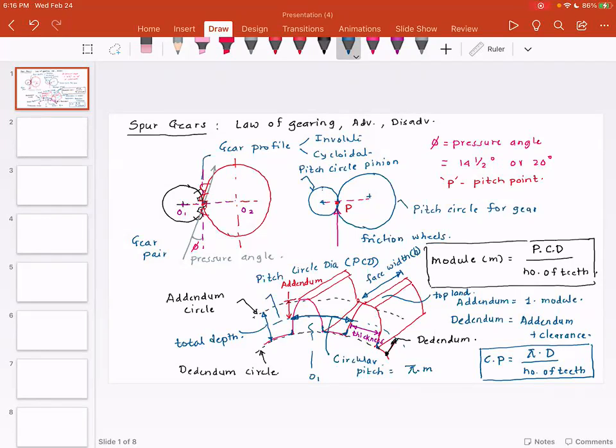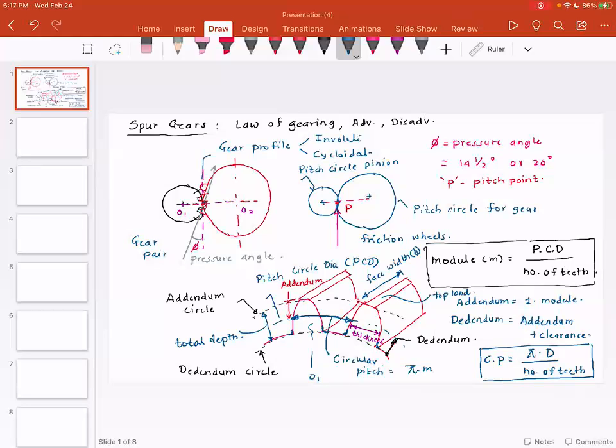Also, it should be able to withstand the fatigue loading, because please try to understand these two gears, they come in contact and they disengage, again come in contact, and this process is happening at a very high speed. So the loading on the gear is sort of a fatigue loading, and you don't want the gear to prematurely fail in fatigue.